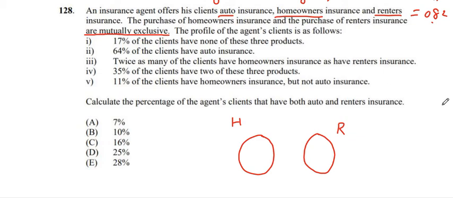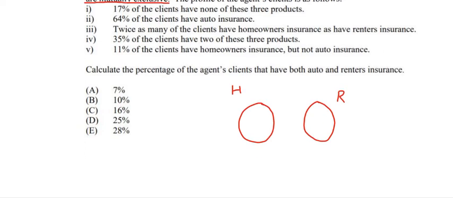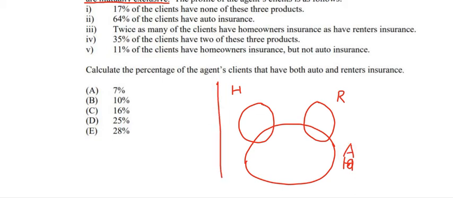Okay, so they are mutually exclusive. The other one has some overlap. So this is for home, and no, this is for auto, I'm sorry. We put it as A. Okay, and then outside.